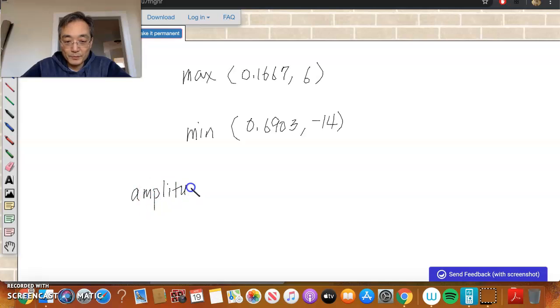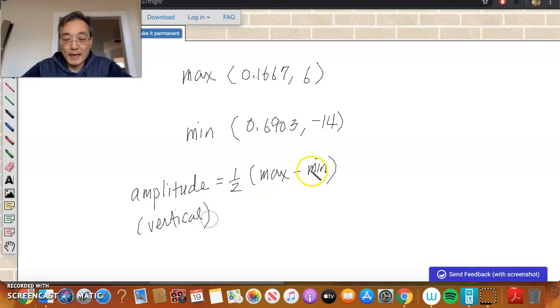Since amplitude is half of the total vertical distance, amplitude is half the distance from max to min. We can find the vertical distance from the max point to the min point and then take half of that.